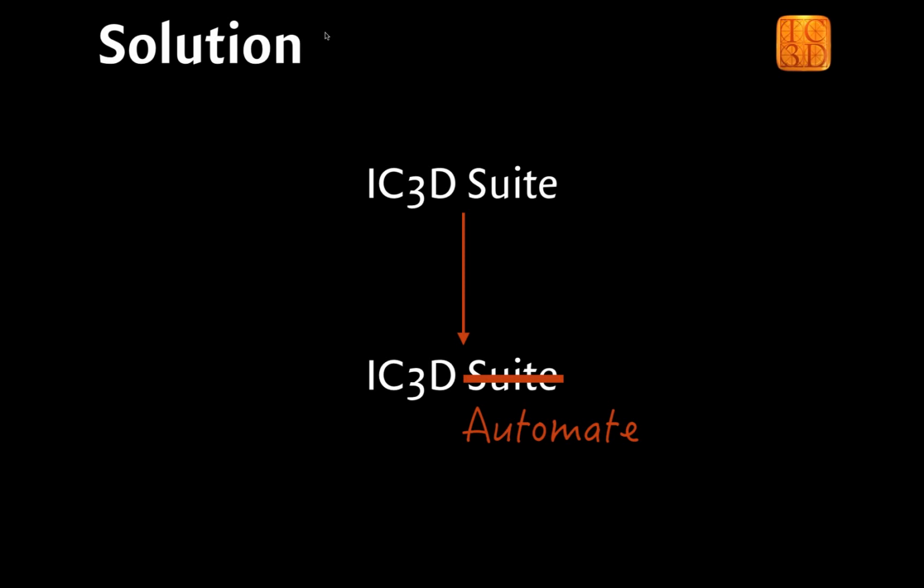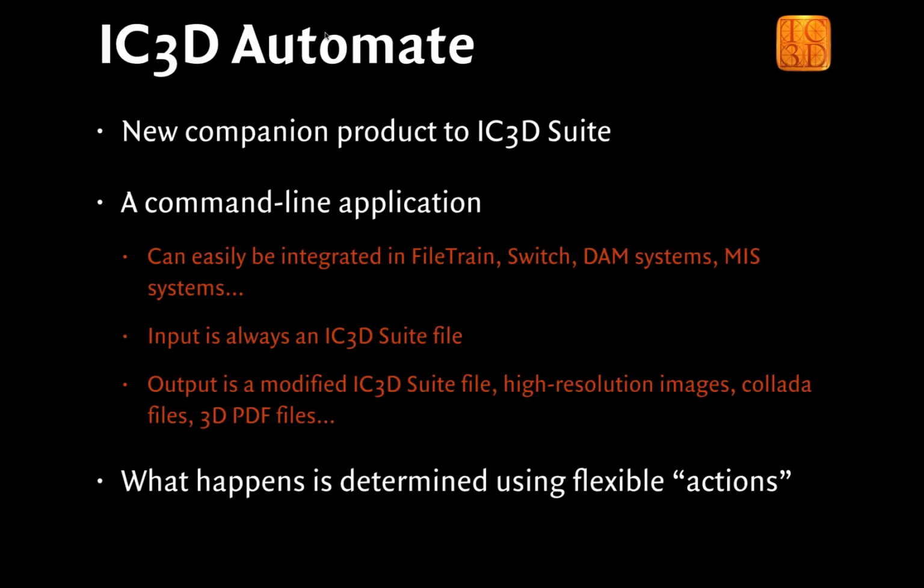You have to develop the model, and then you have to take pictures and a number of specific camera positions for the customer. You might want to export the Collada files, you might want to export 3D PDF, and so on and so on. So after creating the iC3D file, there are a bunch of manual things that you have to do, and of course, those take time, and because it's 3D, it also takes some computer time to generate all of this stuff.